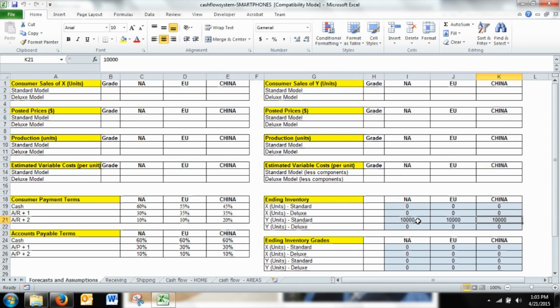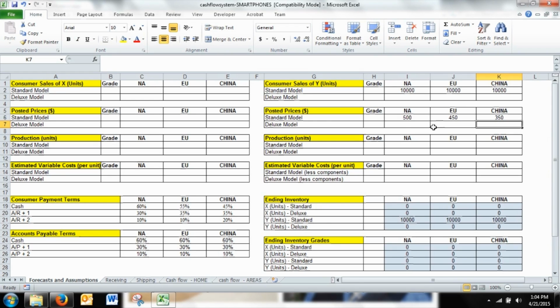So we have some ending inventory here in North America. So we can assume that maybe what we're going to do is sell all of our inventory of Y in all three areas at unit prices of 500, 450, and 350.